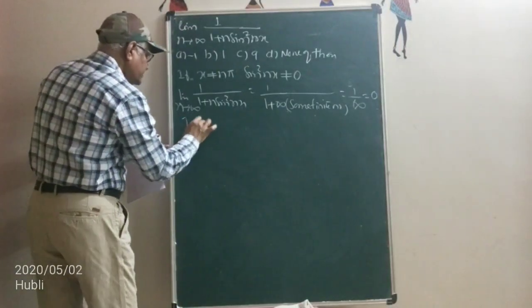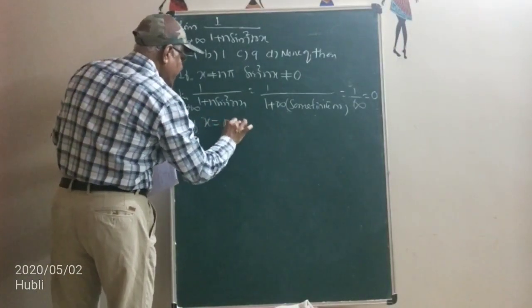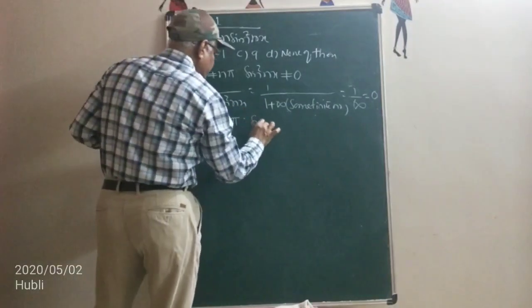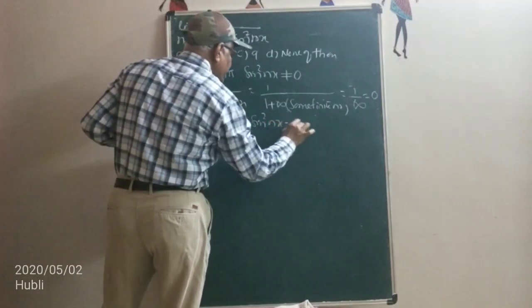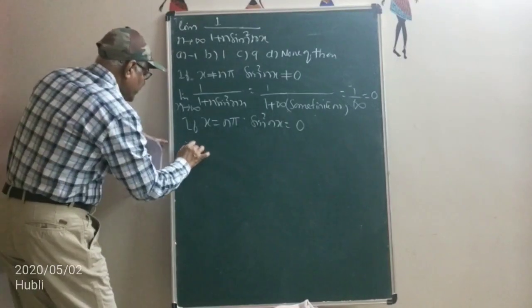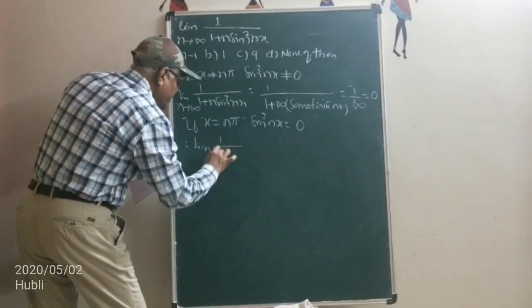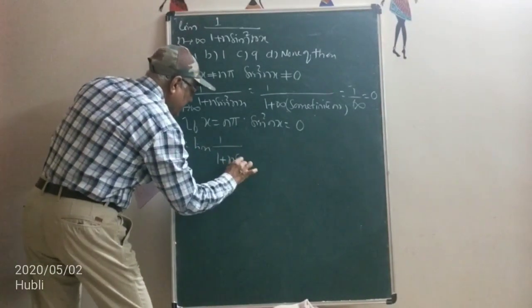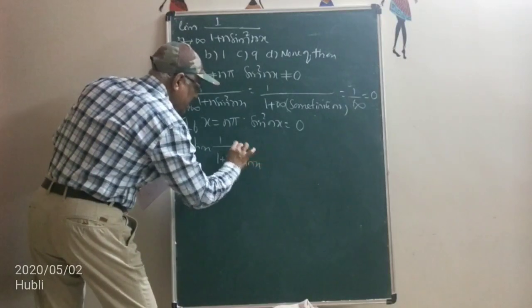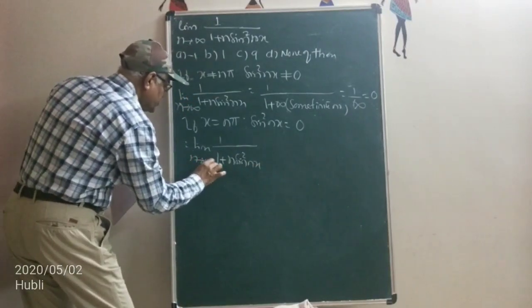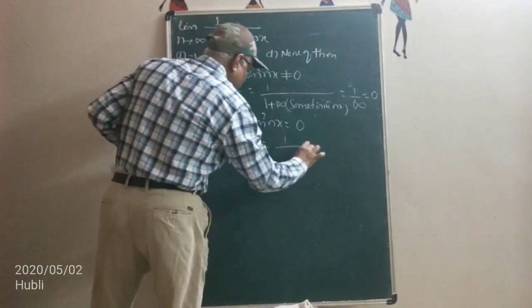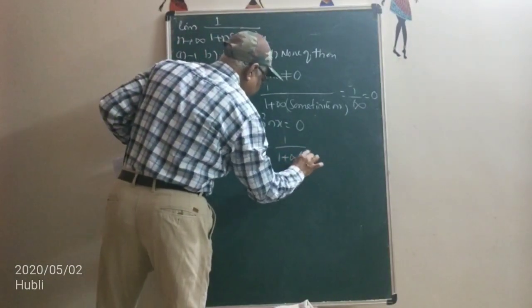Suppose if x is equal to n pi, sine² nx value is how much? It is 0. Therefore, limit of 1 divided by 1 plus n into sine² nx as n tends to infinity is equal to 1 divided by 1 plus infinity into 0.